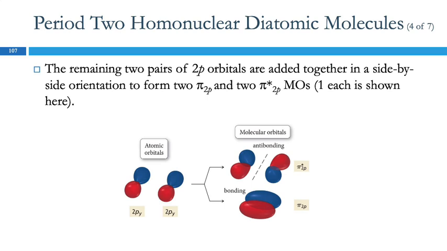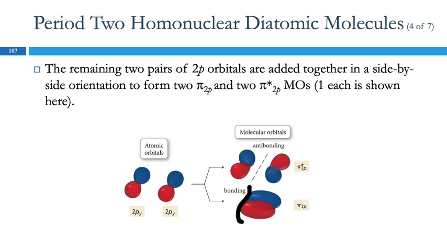The other two orbitals are perpendicular, or, well, yeah, actually those are perpendicular to each other. So again, they have a positive phase and a negative phase, and so we can add them in phase and get something that looks like this, and we can add them out of phase and get something that looks like that.